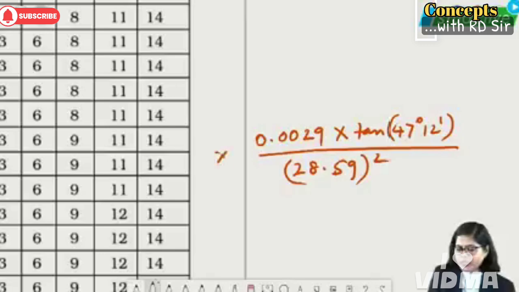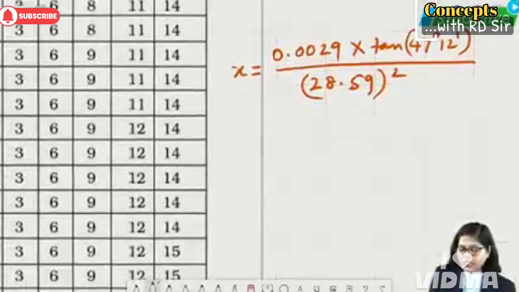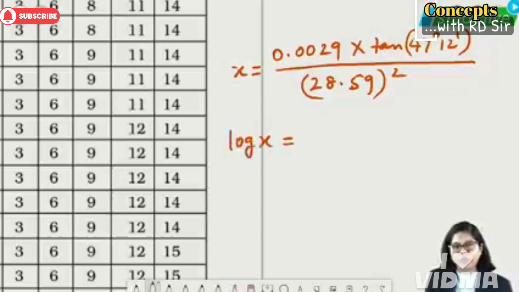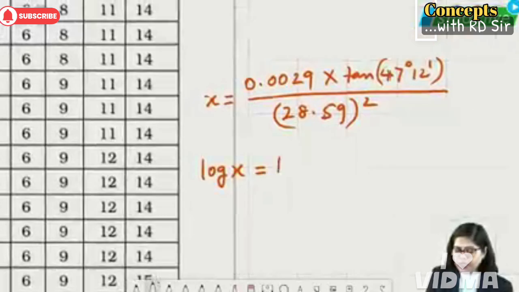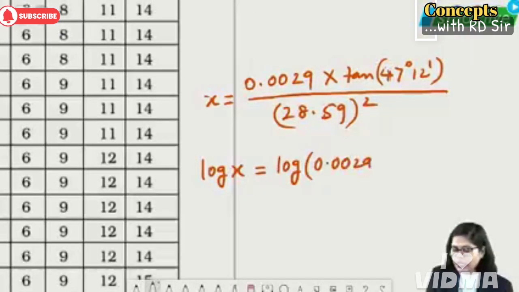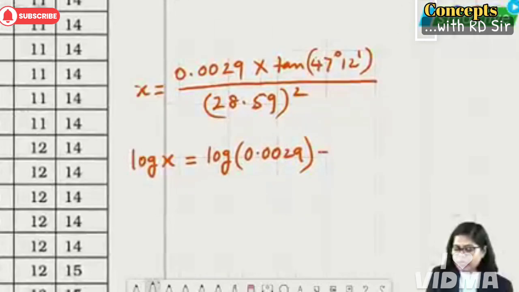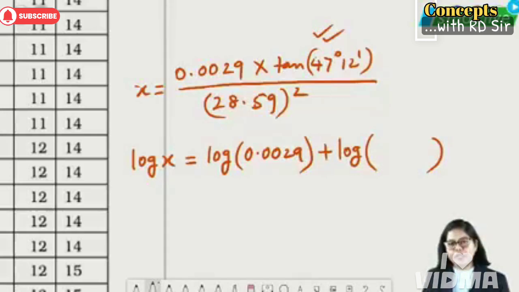This is what the question is, and if you have to solve that, what can be done is, I am going to apply log on both the sides. You have already learned about it. So we can use this as log of 0.0029, then plus log of, now this value we have to find out first. 47 degrees 12 minutes you are going to find out and write here.